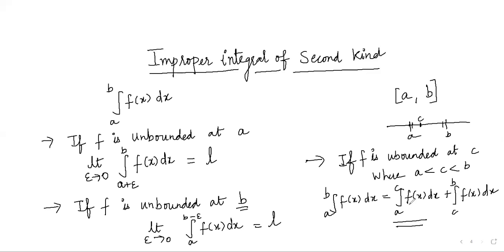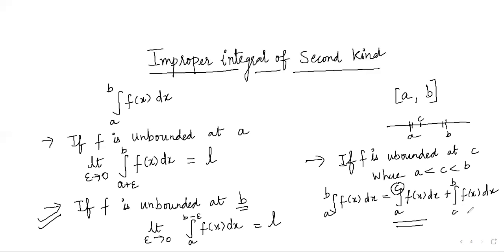Now in this first integral, the function f(x) is unbounded at this point c. So this is the same case which we have discussed, the second case. So we will be writing it in the form of this integral. We will be evaluating the limit. If this limit exists, then this first integral will be convergent.